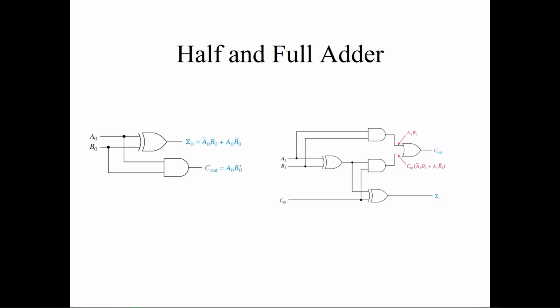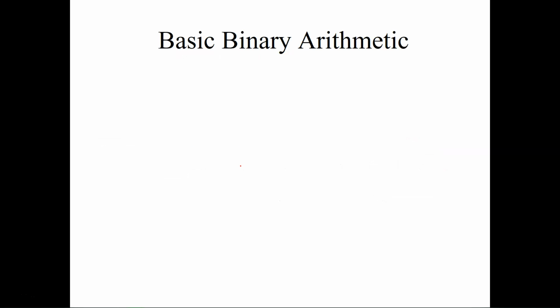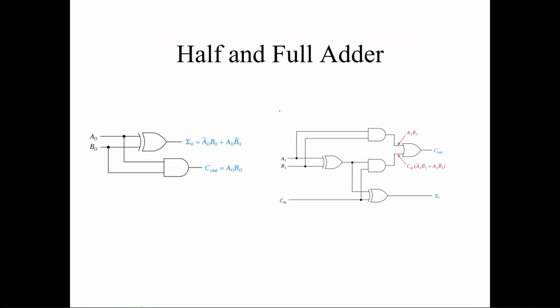All right, so I'm not sure where some of these slides have gone, guys. Looking at this, once again, we have an exclusive OR, which means we're looking for what?